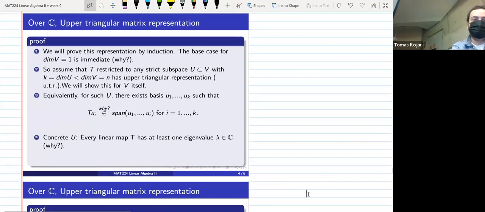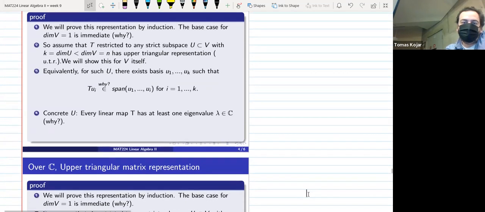Right, we're gonna build U. And from there we can extend to V. So let's start from there. Every linear map has at least one eigenvalue in complex numbers. Why is that true? Yes. Right. So which polynomial?